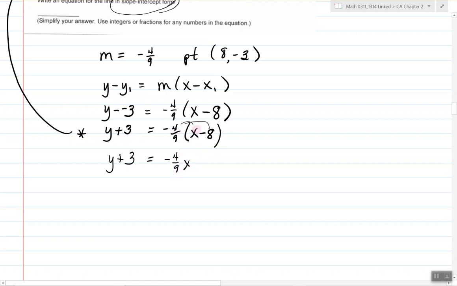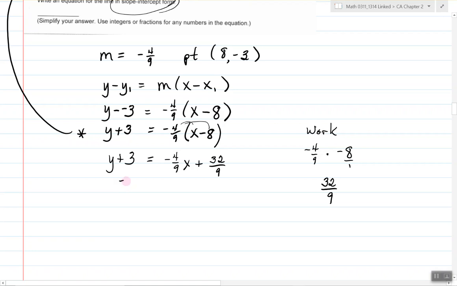Now, over here in my work, I have -4/9 times -8. Well, that's -8/1. Negative times negative is positive, 32/9. So plus 32/9.